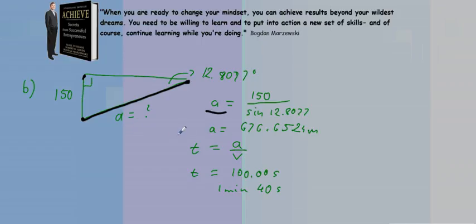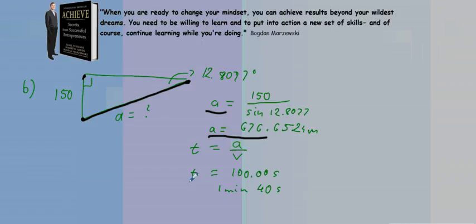Using the sine ratio, we can find the length of that distance A. Knowing that the distance is 676 meters, and also knowing that her speed in water is now 6.7 meters per second, we can find how fast she will go from the start to the end, simply by dividing A by the velocity value.